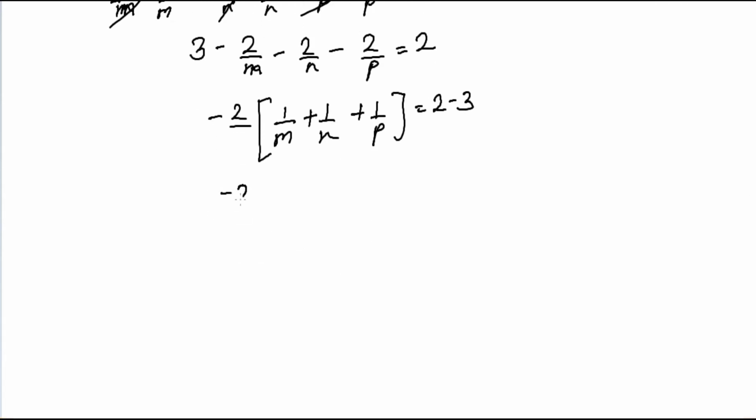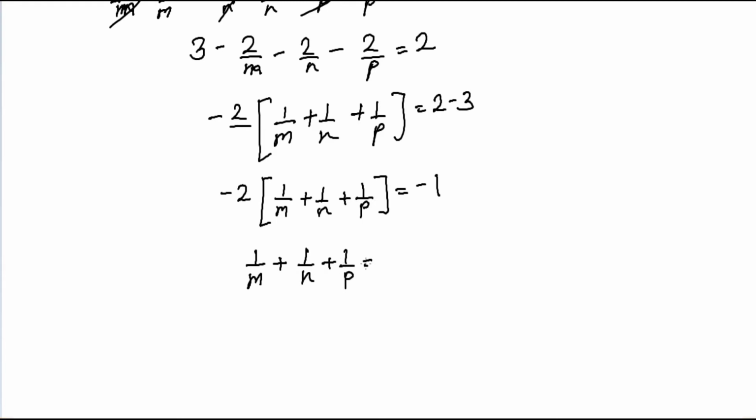So we get minus 2 times the bracket equals negative 1. Now this negative 2 can go in the denominator, and we get 1 by m plus 1 by n plus 1 by p equals 1 by 2.